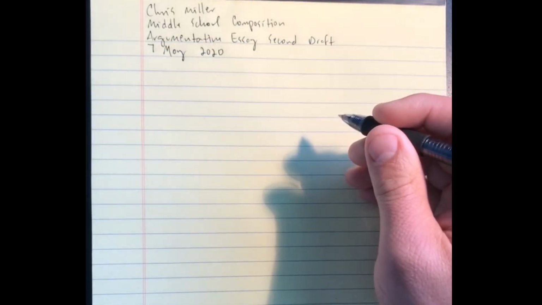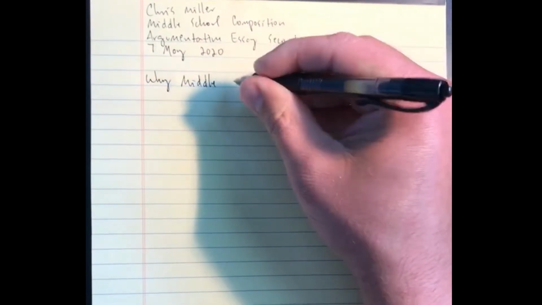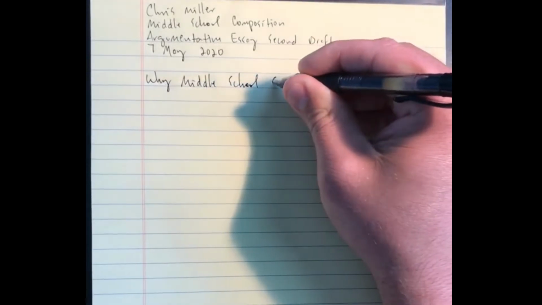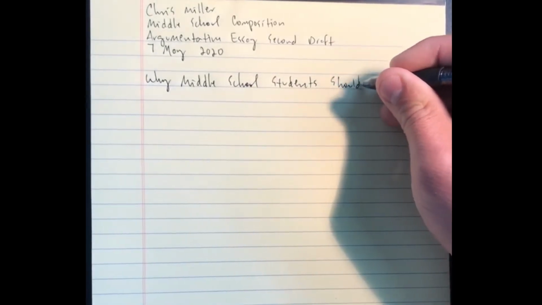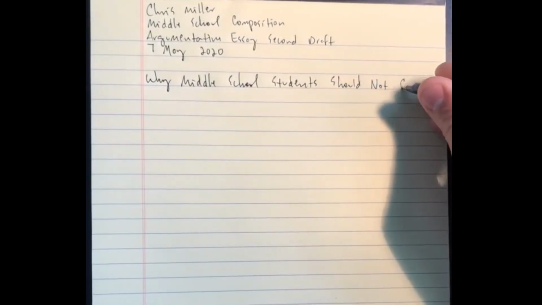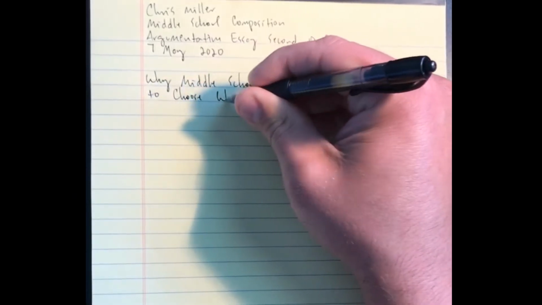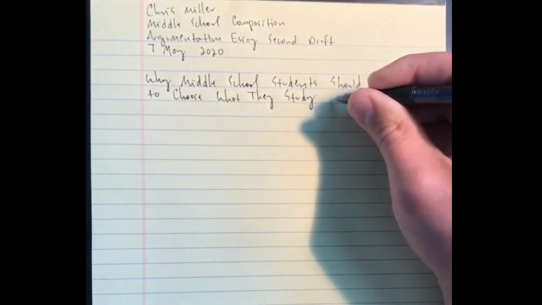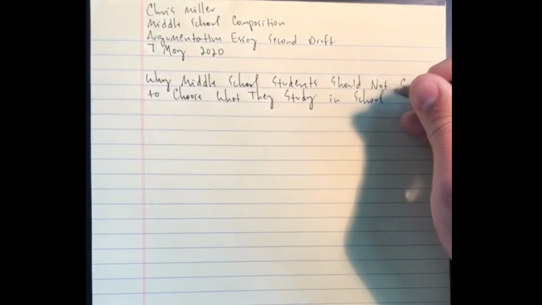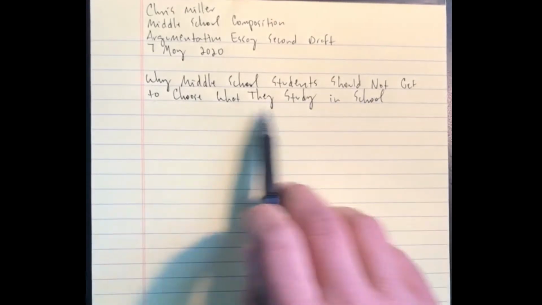Now, write the title of your argumentative essay, and be sure to center it on the line. Probably should have shifted this one over just a little bit to get it more centered, but that's pretty good.